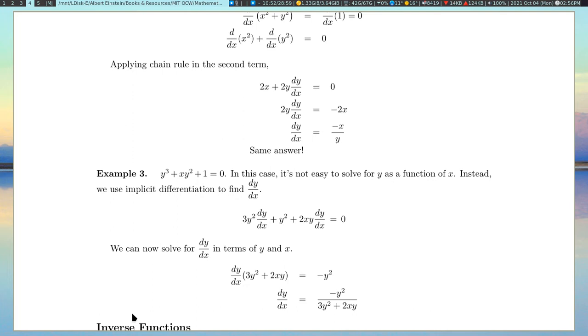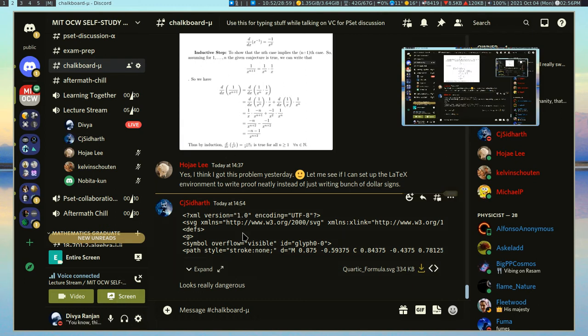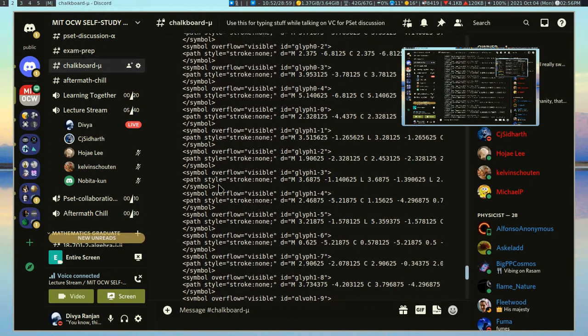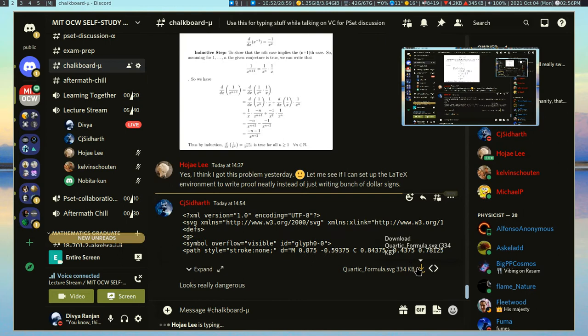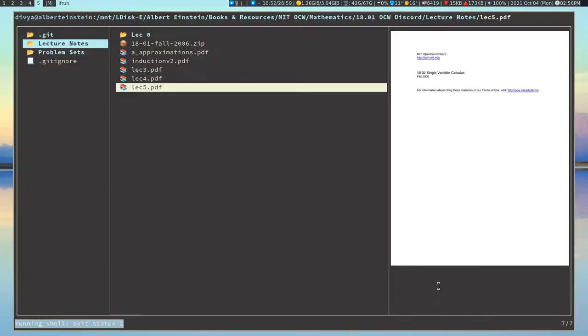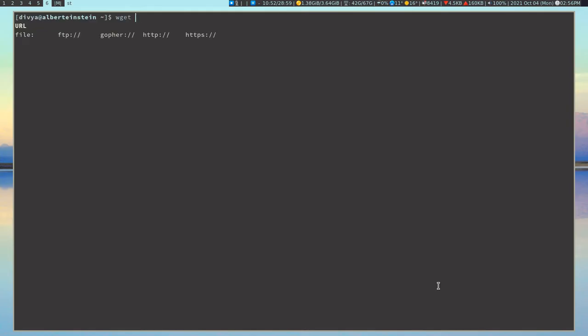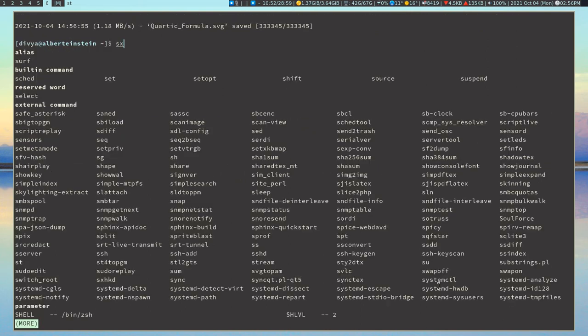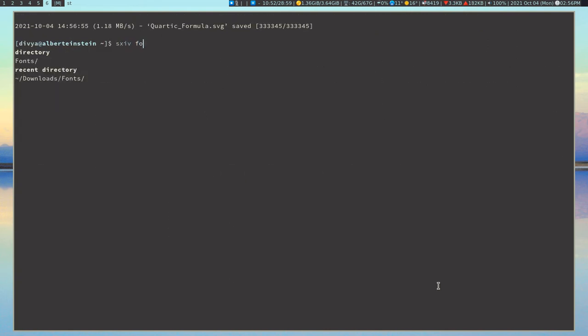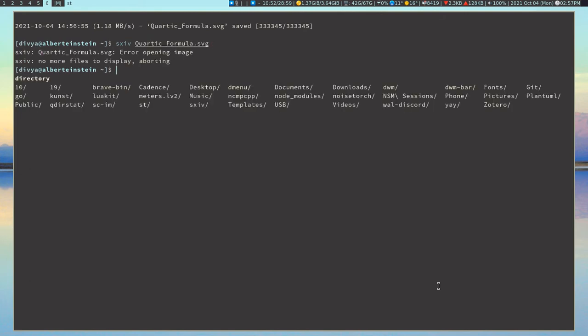You can also see it in chalkboard. No, you can just download it. Oh, okay, the SVG file. I see. It's not open.